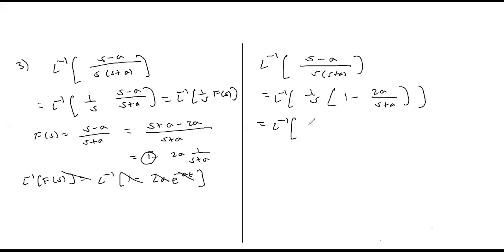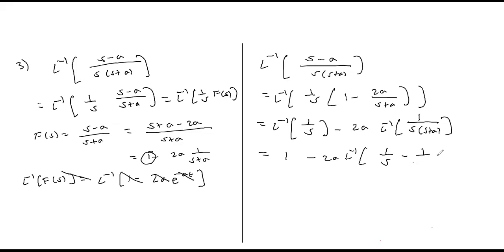So I can write it as L inverse of 1 by S minus 2A times L inverse of 1 by S into (S plus A). Again, L inverse of 1 by S is what? And 1 by S into (S plus A) means you have to apply partial fractions again.